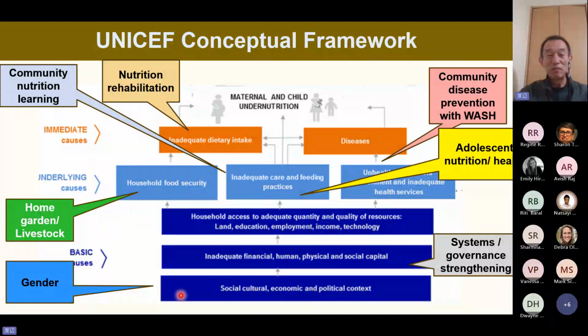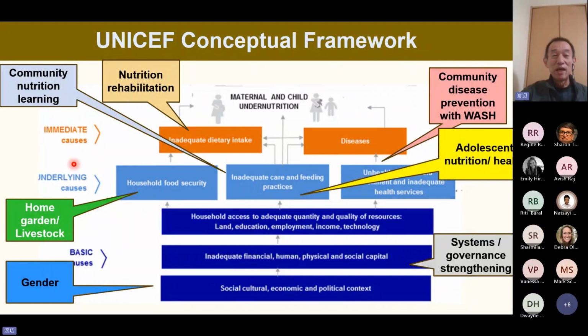Below that level, we have many other social level or national level factors that are basic root causes of malnutrition, like low level of education, poverty, and lack of resources, including human resources. So there are 3 levels of causes. When we design any project intervention, as much as possible, we should look at the different parts of these causes and address them, so that it should be a multi-sectoral comprehensive nutrition program.